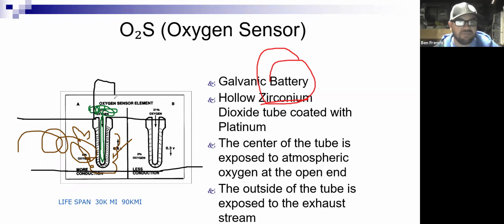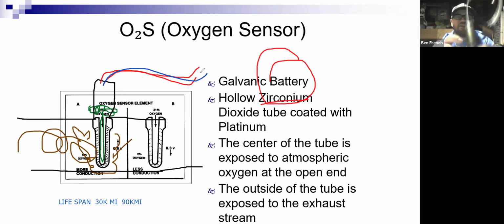Here's the top body of the sensor, and here's the wires coming out of the sensor. What you don't realize is this top part here is vented, and it's getting air from outside going in the top of the sensor. And he's comparing how much oxygen is outside the exhaust system versus how much oxygen is inside the exhaust system.